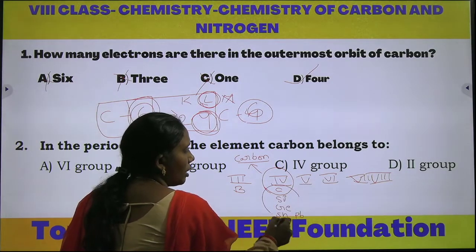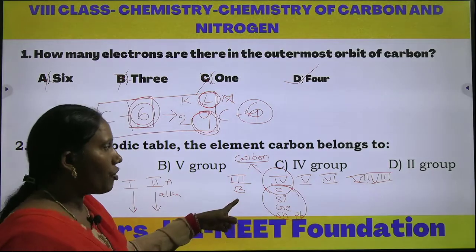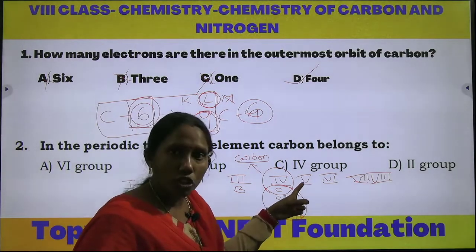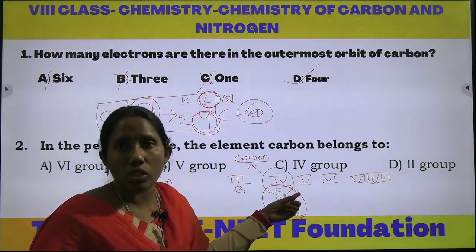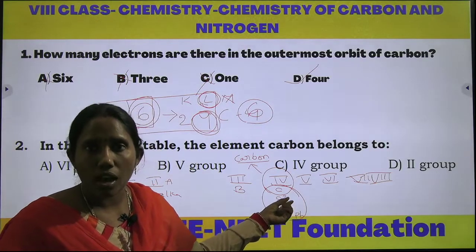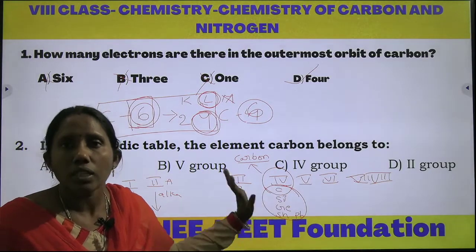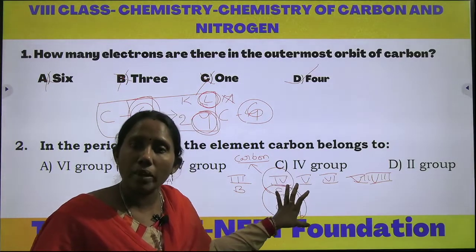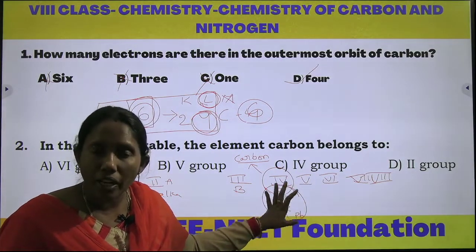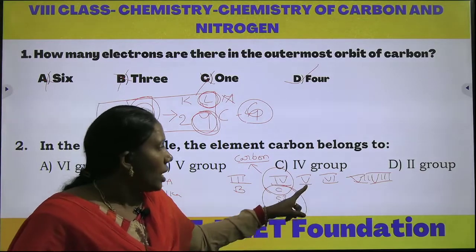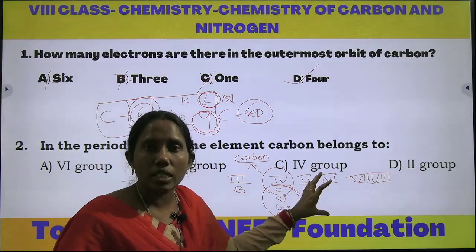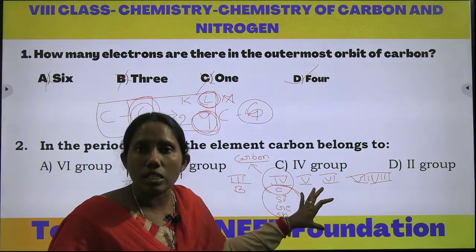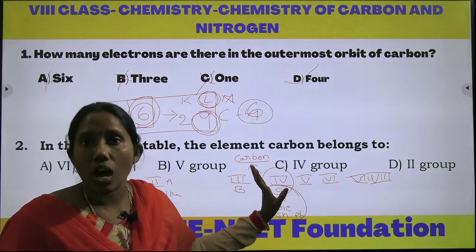And we have the fifth group, called the nicogens: nitrogen, phosphorus, arsenic, antimony, bismuth. These are also known as the nitrogen family. The sixth group starts with oxygen, and those are known as chalcogens.